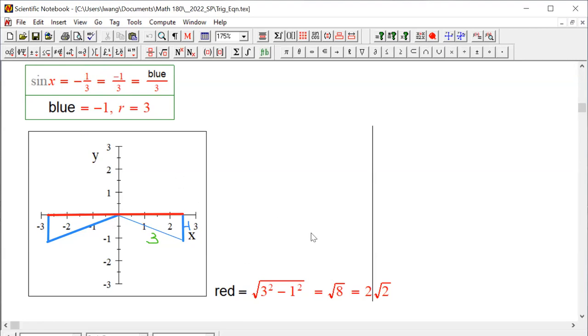You can see what we have done here. Identify the terminal. From the definition, we have just identified the reference angle.